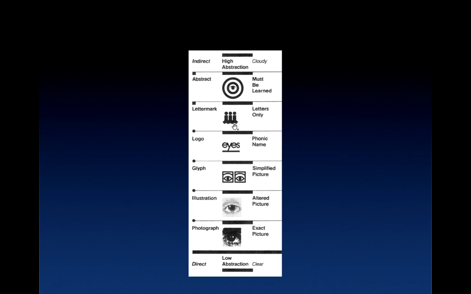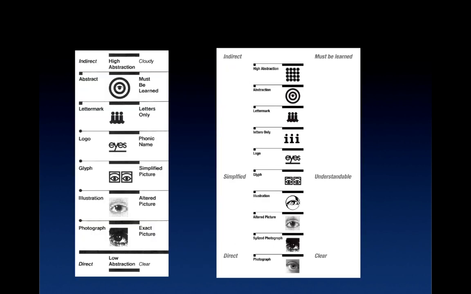What we're trying to do is hit right in the middle. We're trying to get to the level that's called a glyph, where it's just a simplified picture. A lot of you will start out more down at this level, which is fine, and we're just going to keep pushing ourselves over here. Occasionally, we'll get too far simplified, and we'll have to come back.